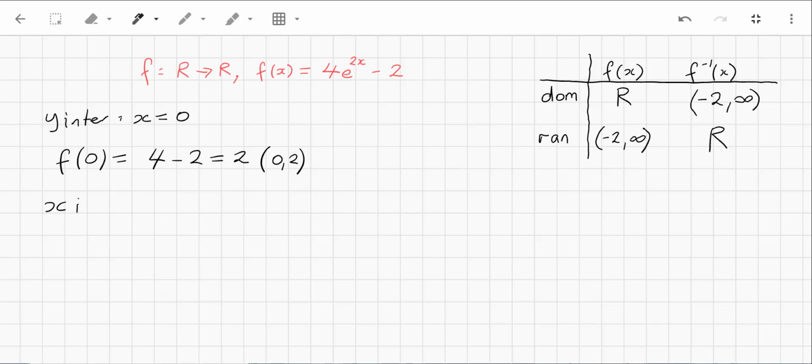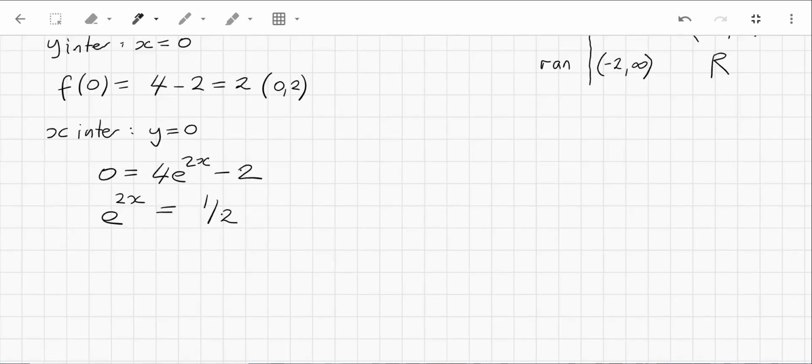My x-intercept, I'm going to let y equal to 0. So I will have 0 equals 4 e to the 2x minus 2. I'm going to add the 2 and then divide by the 4. E to the 2x is equal to 1/2. Taking natural logs on both sides, 2x is equal to ln 1/2.